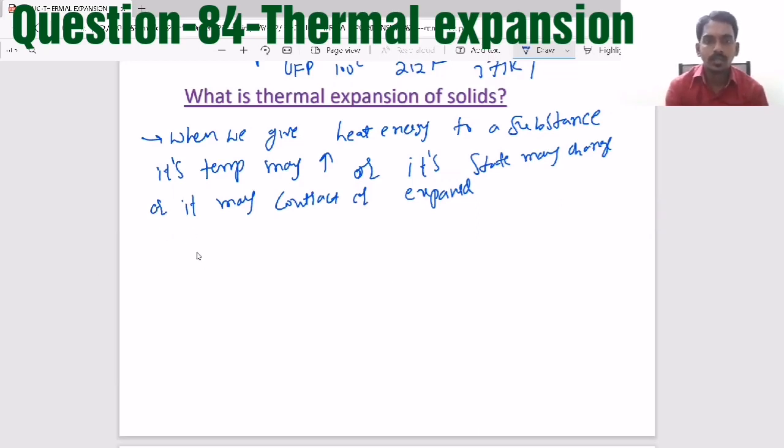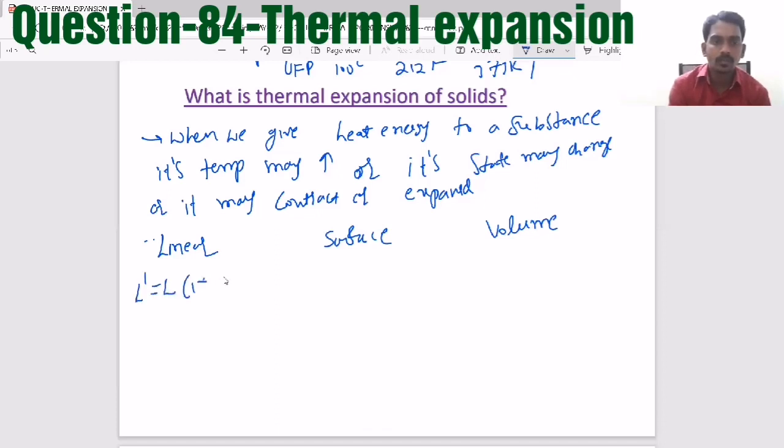When we consider thermal expansion of solids, first one is linear, another is surface, and another is volume expansion. Linear expansion means final length equals initial length into 1 plus alpha delta theta, where alpha equals delta L by L delta theta.